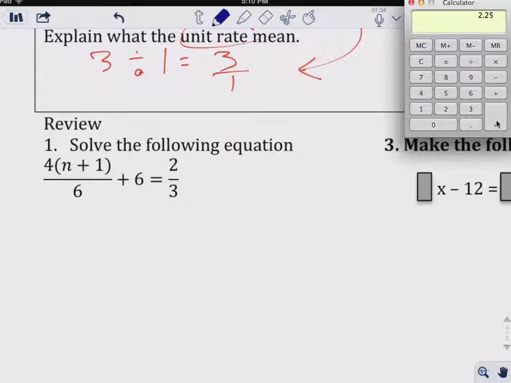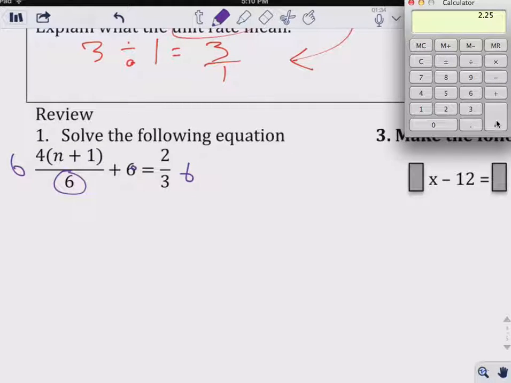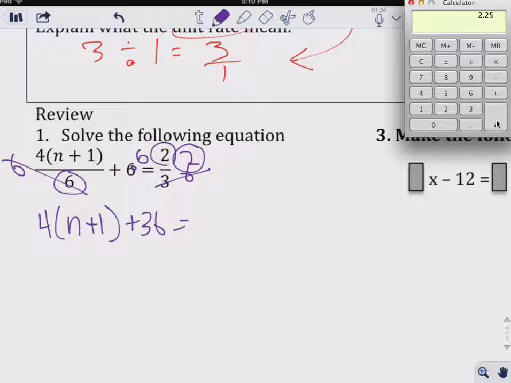Okay, here, find the least common denominator, which is 6 in this case. 6, 6, and don't forget to multiply it times 6 here. Cross that out, gives you 4 parentheses n plus 1 plus 36 equal, cross that out, becomes a 2. 2 times 2 is 4.